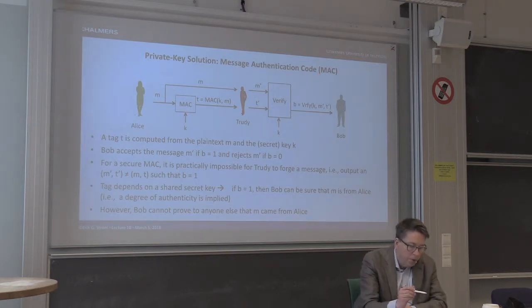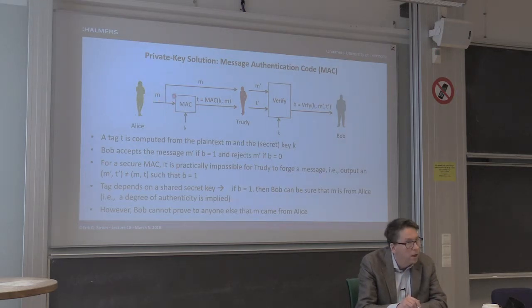And so what do we do? Well, we have the message, and then from the message we send that through an algorithm, this message authentication code, and we produce a tag T. The T is specific to the message and the key that we use. And as before, the key is a secret only known to the legitimate receiver.